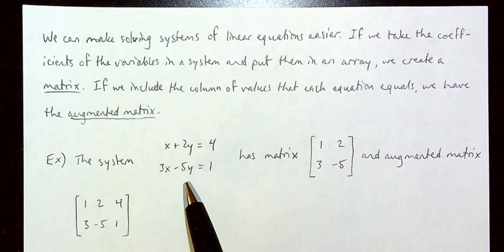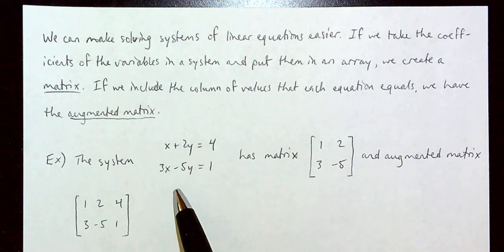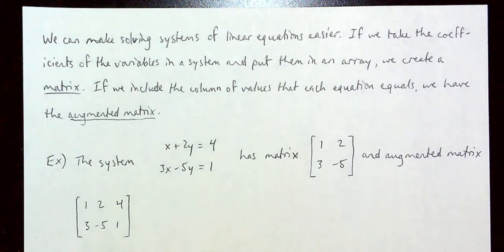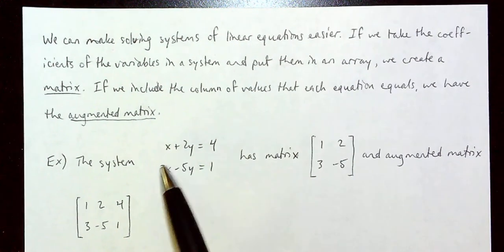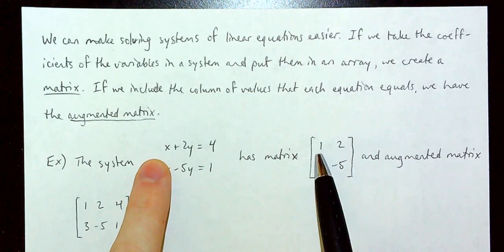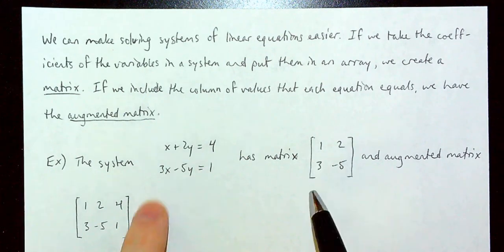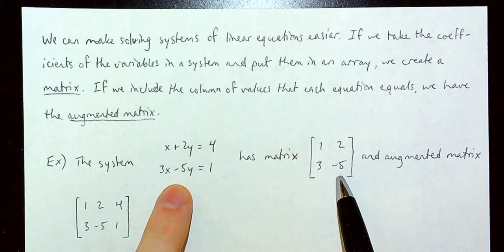here's a system of 2 linear equations in 2 variables. I have x plus 2y equals 4, and then 3x minus 5y is equal to 1. This system has matrix 1, 2, 3, negative 5. And note that we took the numbers in front of the corresponding pieces. 1x, there's the 1, 2y, there's the 2, 3x, there's the 3, and then plus a negative 5y, there's the minus 5.